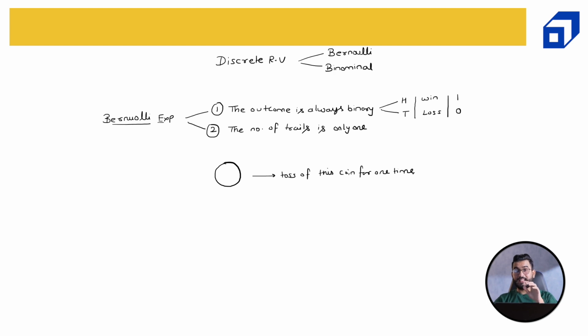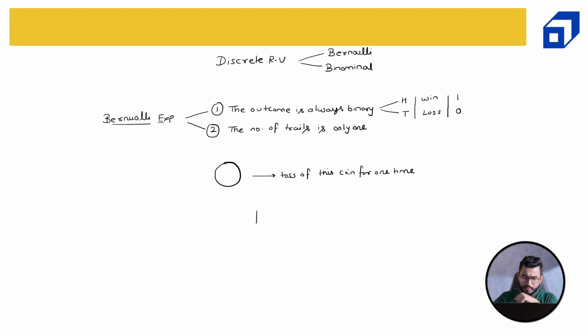Now can I consider this as a Bernoulli experiment? Yes. Why? Because when I toss this coin, I may either get a head or a tail. So the outcome is binary. Since the outcome is binary, this experiment is the Bernoulli trial. Why am I calling it a trial? Because I am performing the experiment one time. So I can either get head or tail.